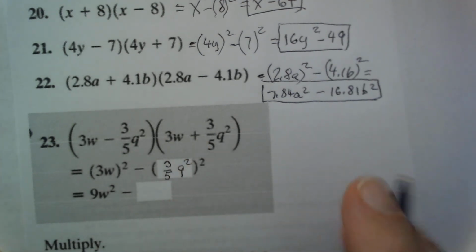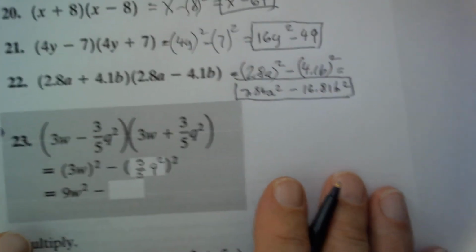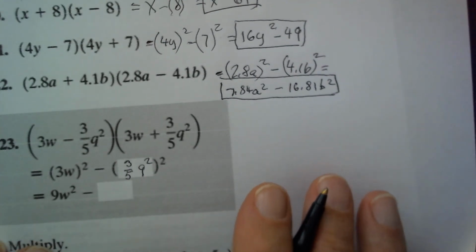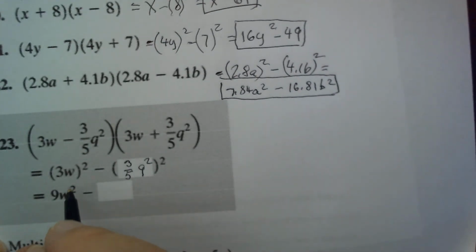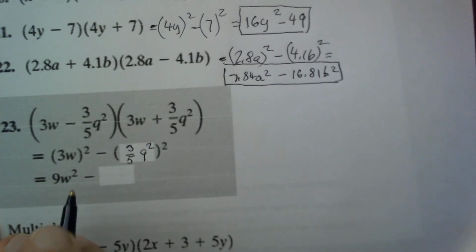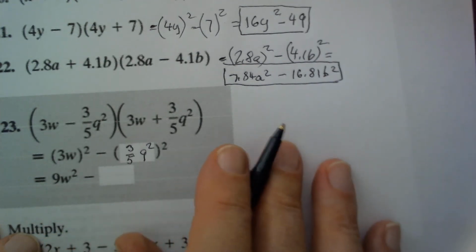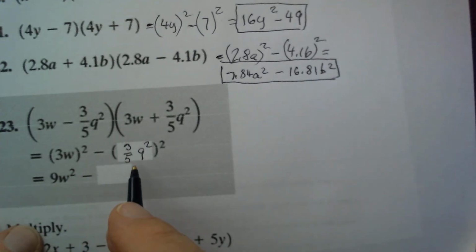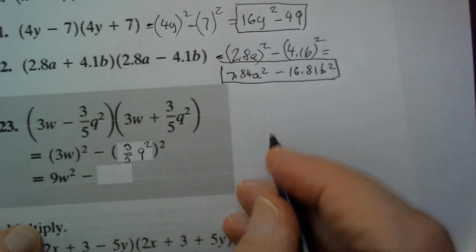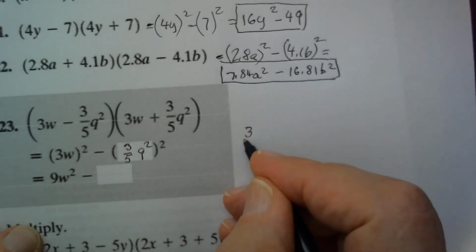Okay, so let me do a little side calculation just to make it a little more transparent what that is. So this is probably pretty easy. 3w squared simply means 3w times 3w. So it's 9w squared. That's probably the easy part. Now what about 3/5 q squared to the second power? So let me do it over here.